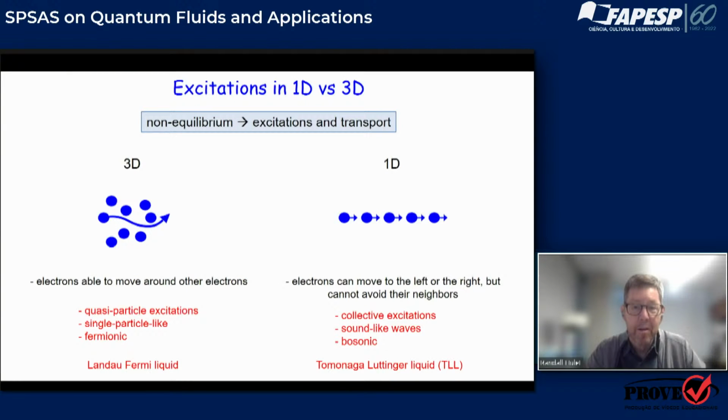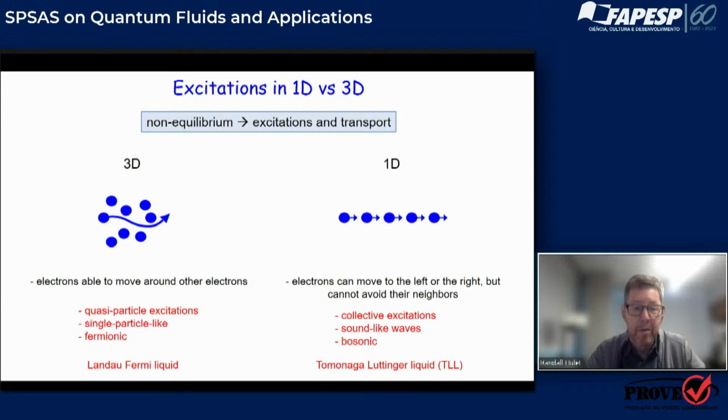All right, so it turns out that excitations in one dimension are quite different than what we are familiar with generally in 3D as physicists. In non-equilibrium situations, one has excitations and transport of particles. And in 3D, if you're talking about electrons in solids, let's discuss first the electron model, and then we'll go and talk about ultra-cold atoms.